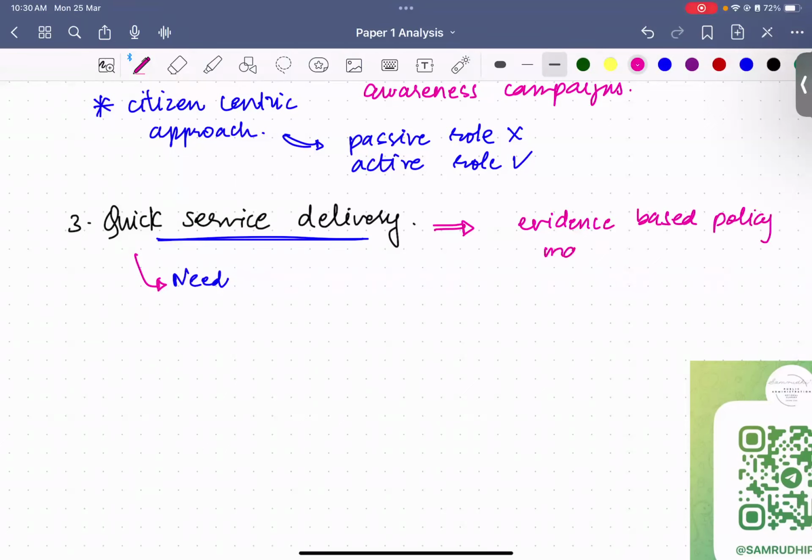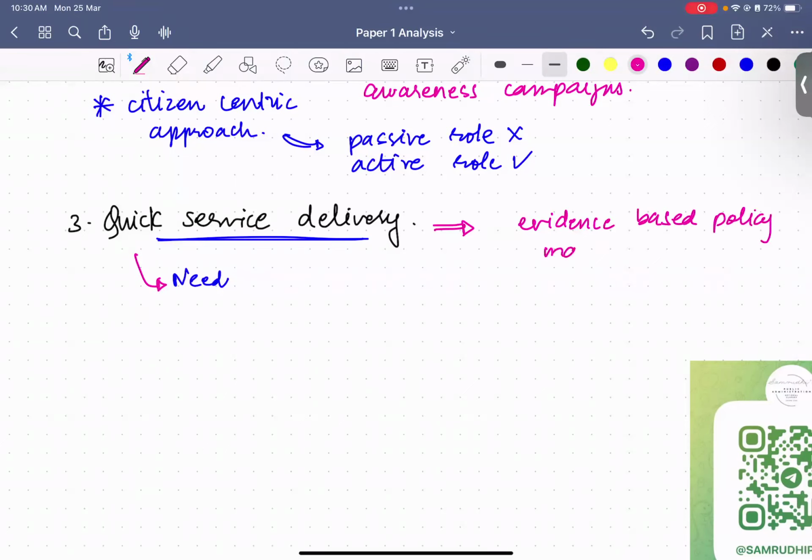We've heard of this. As PubAd students, I hope you know the dichotomy between policy making and implementation. Who was the proponent of this? Let me know in the comments.